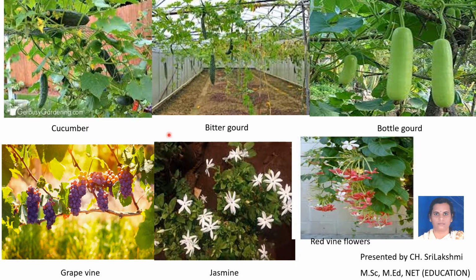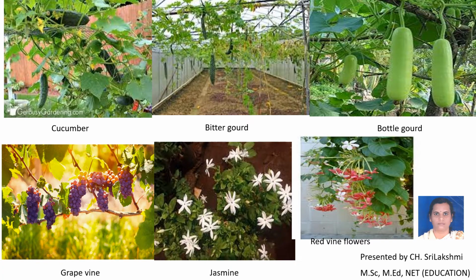Bitter gourd, bottle gourd, grapevine, that is a grape plant, and the complete garden is called a grapevine. Then jasmine, red wine flowers. So these are some of the climbers. The climbers have weak stems and they need support to grow.